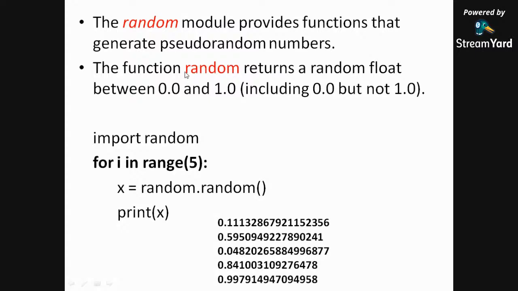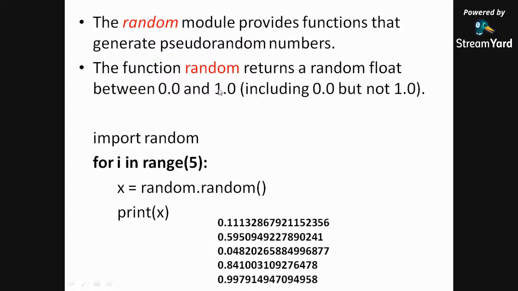One such function is again called random. Random is the module name, and we also have a function called random. This random function returns a floating point value between 0.0 and 1.0, including 0.0 but not 1.0.